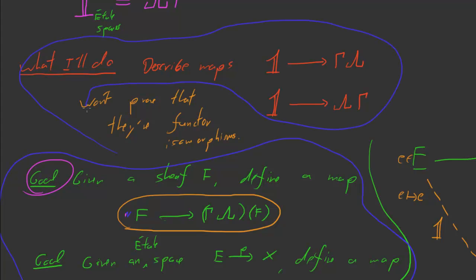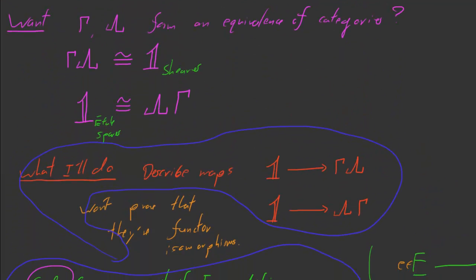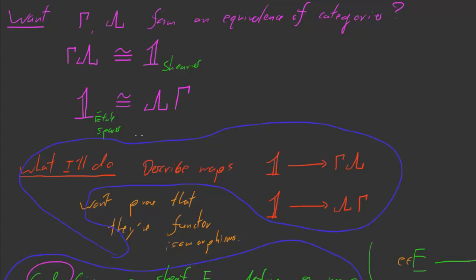These are actually functor isomorphisms between gamma lambda and the identity, and between the identity and lambda gamma. So that shows the equivalence. And that's it.